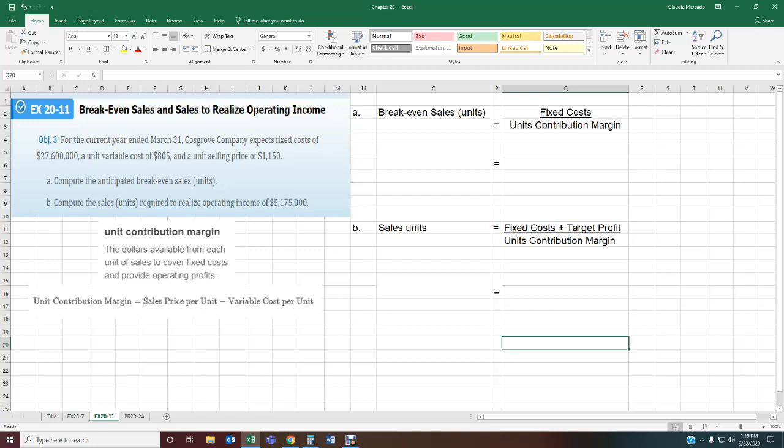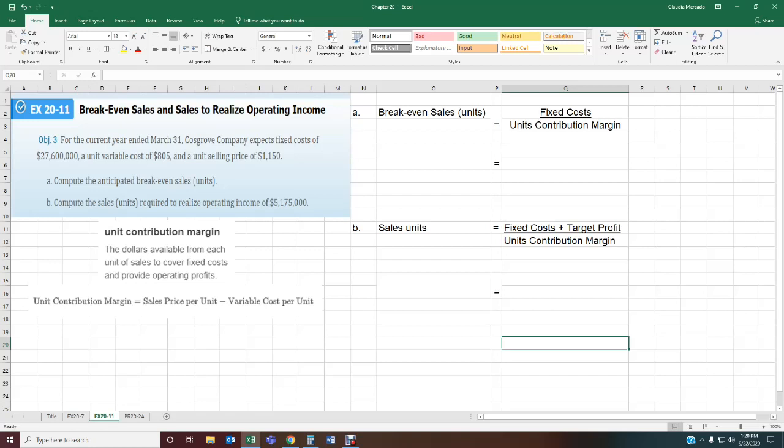It says for the current year ended March the 31st, Costco Company expects fixed costs of $27,600,000, a unit variable cost of $805, and a unit selling price of $1,150. A. Compute the anticipated break-even sales in units, and B. Compute the sales units required to realize operating income of $5,175,000.